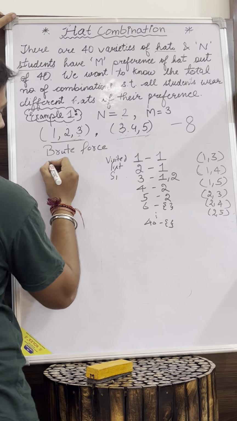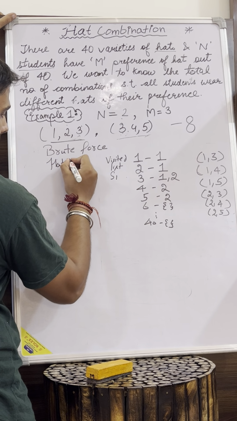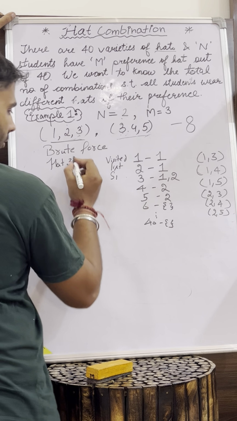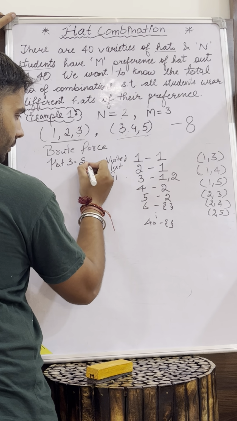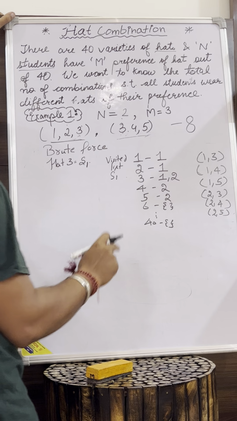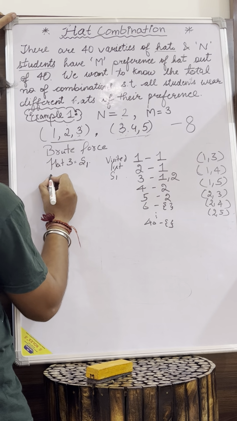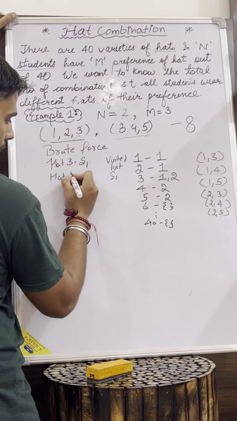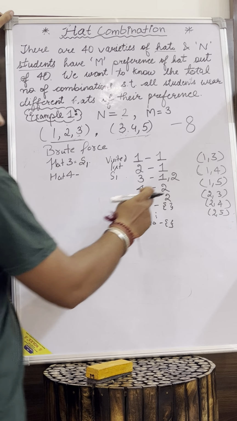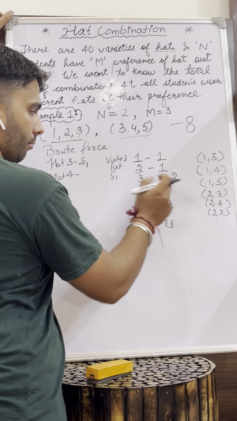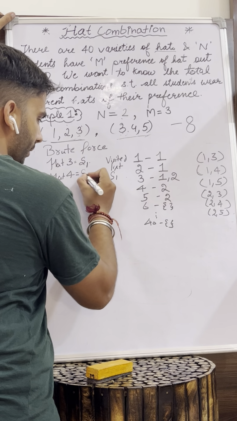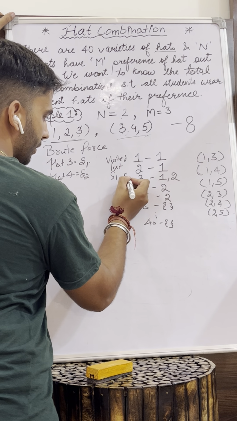When we are at hat number 3, first we get S1. Now we jump to the next, hat 4. Is it possible to create a combination? Yes, it will give us S2. Now our list is S2.